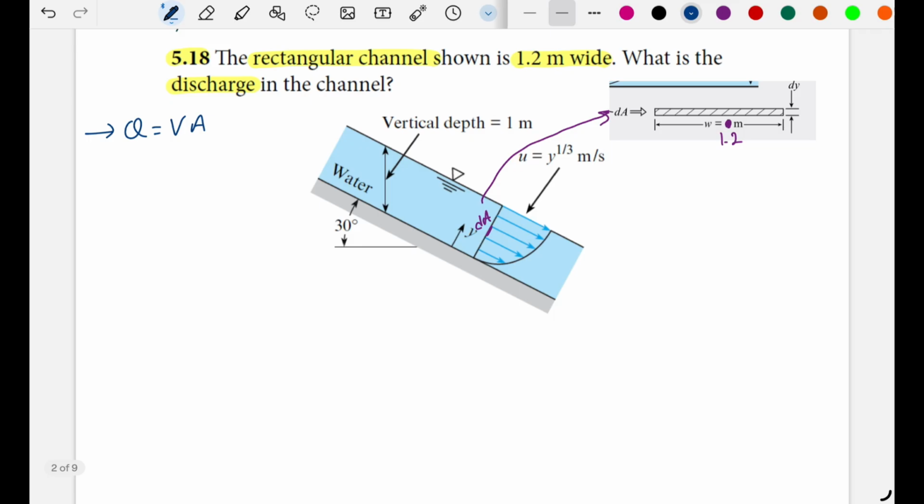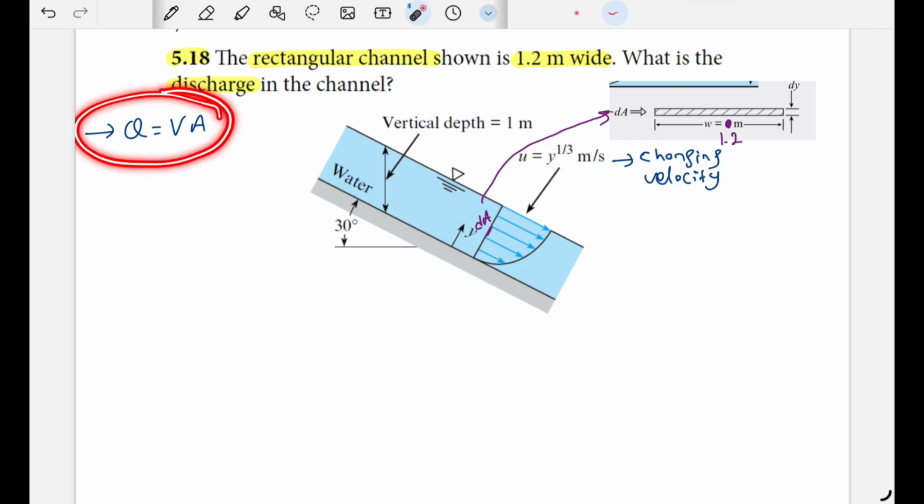But here, as you can see, the velocity is not constant. We have a velocity profile which changes from bottom to the top. Therefore, I will say changing velocity. Since the velocity is changing, we cannot use this equation directly.